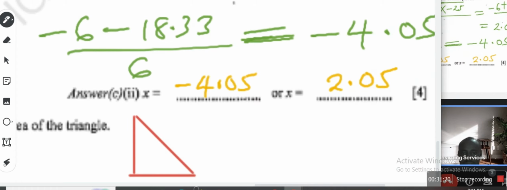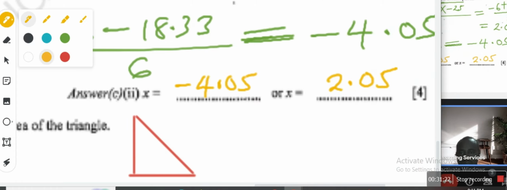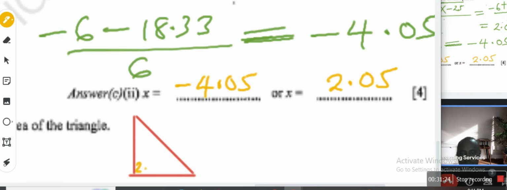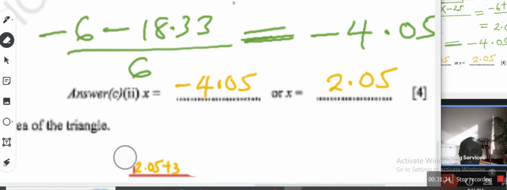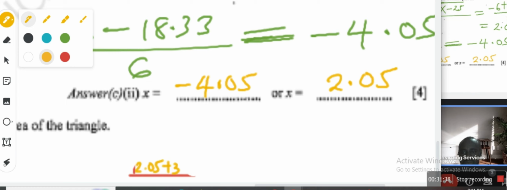So this is 2.05 plus 3, that's the length, and I didn't draw it the way it is drawn. I just want to make sure it looks exactly the way it looks. The shape is this way.